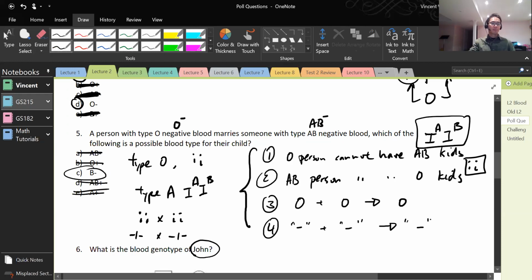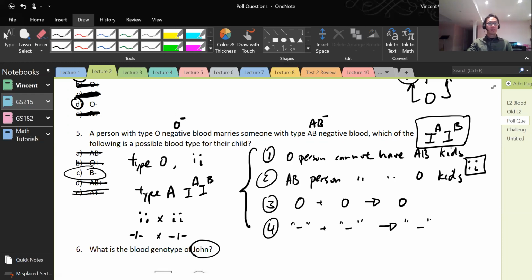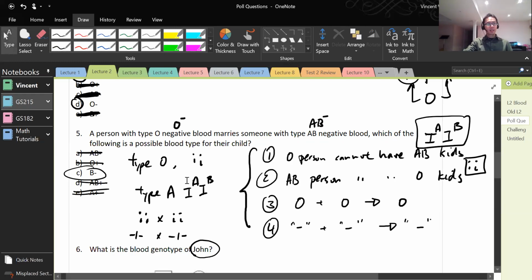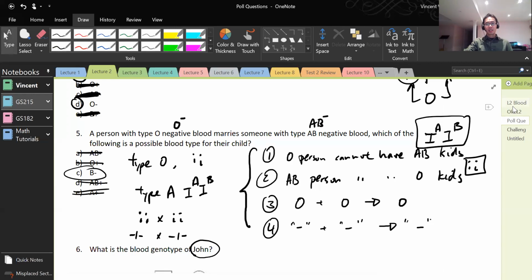That's why the answer is B negative. I hope that helps a little bit. And if not, you can always email me or stick around after class, and we'll talk more about it.